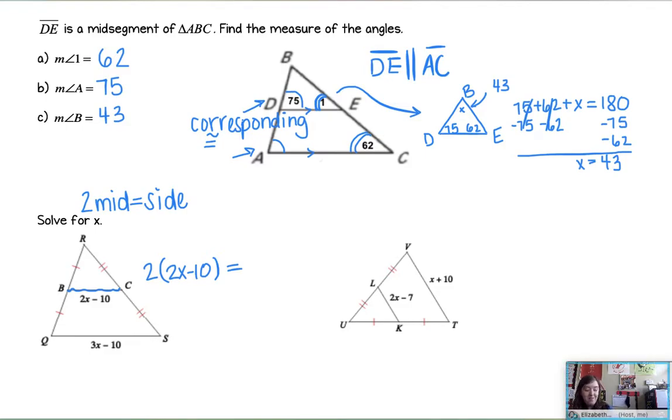Okay. So my midsegment is that guy in the middle. So I need to put 2x minus 10 in for my midsegment. What will I put in for the third side in that picture?